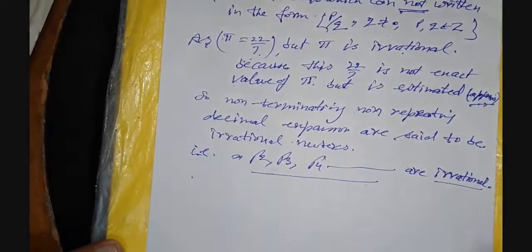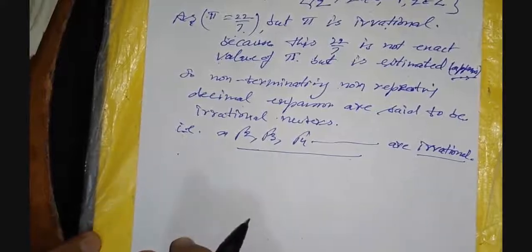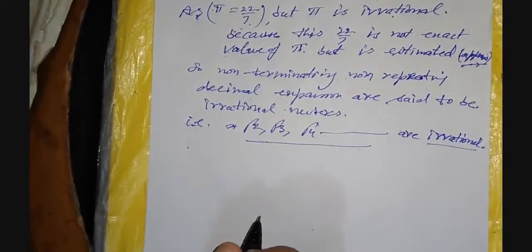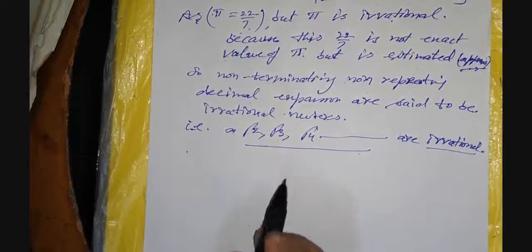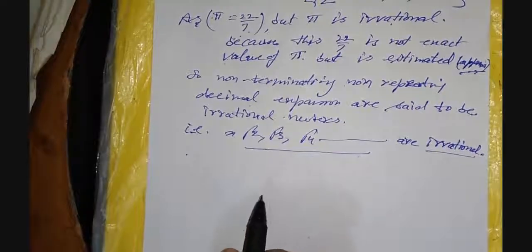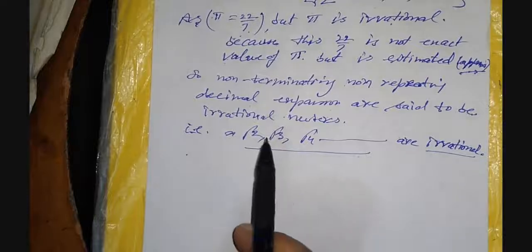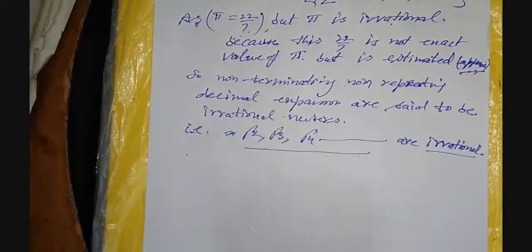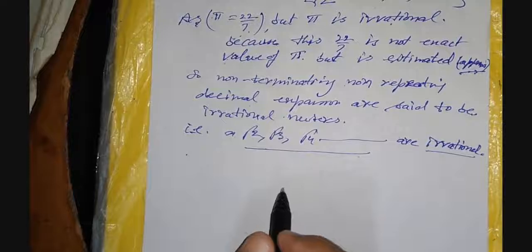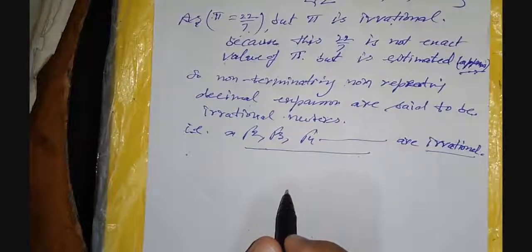If you have any problem in identifying numbers from natural numbers up to irrational numbers, you can put your query in the comment box.